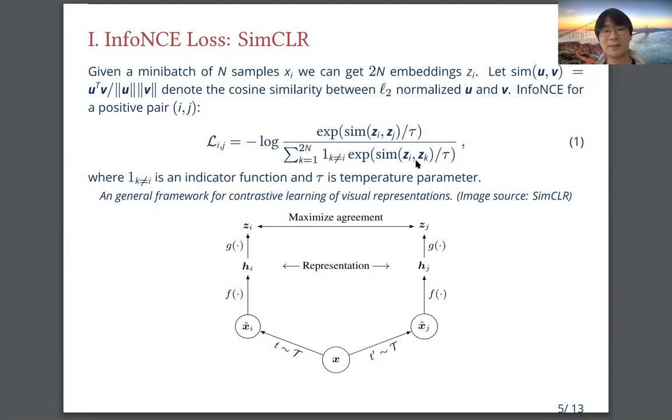Here, negative pairs are the cosine similarity between the remaining other representations besides the positive pairs.